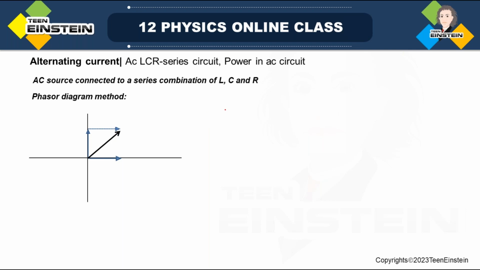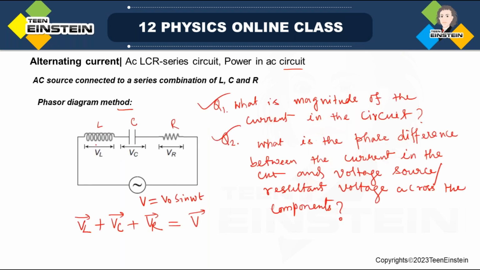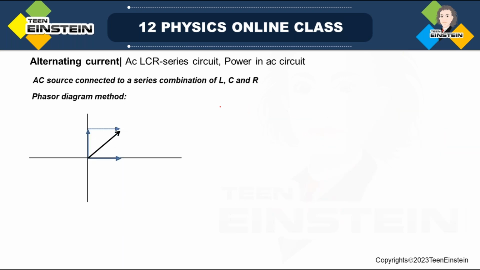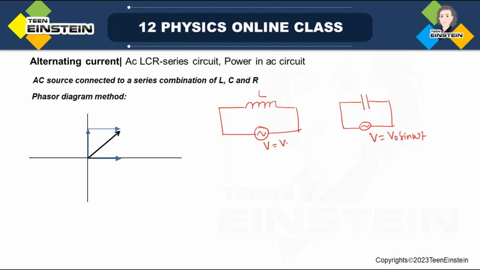Okay, so phasor diagram method. See, what are the components we have here? We have L, C, and R. If you remember, we have already discussed all these three with sending AC signal. Suppose this is L, this is C. Individually, when we send the same signal V is equal to V0 sine omega t, we know what are the currents.